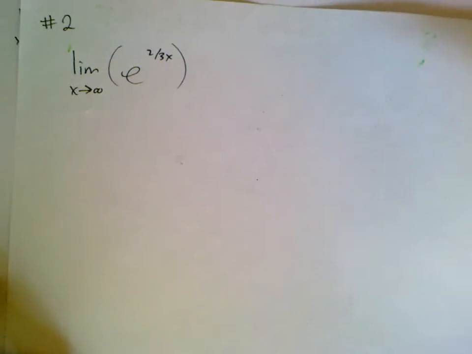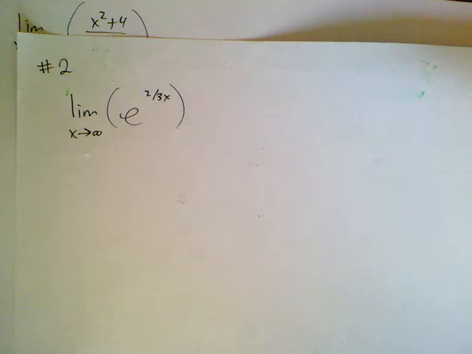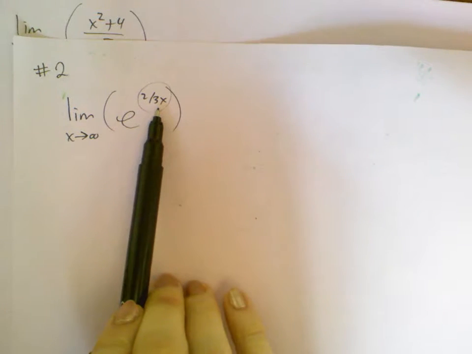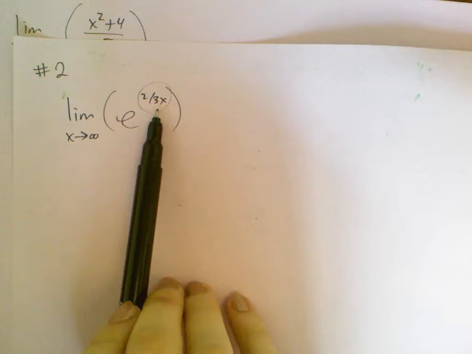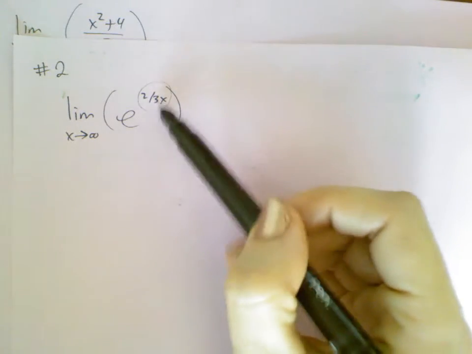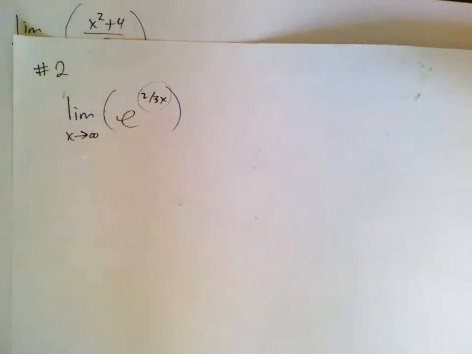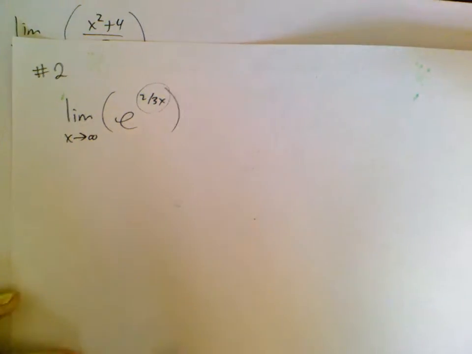Now this one. You ask yourself, is the limit going to infinity? Yes. Is there a polynomial over a polynomial involved? Yes, right up here in the exponent. So I could use the end behavior model up here. However, I just have a single term over a single term, so there's no need to even use the end behavior model. I can go right ahead and plug the infinity in.